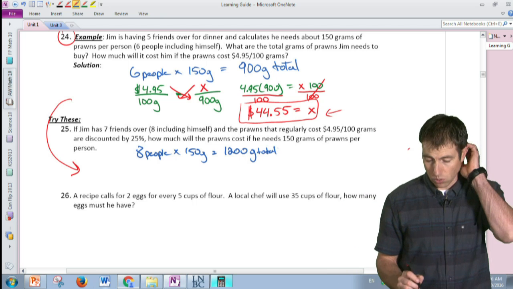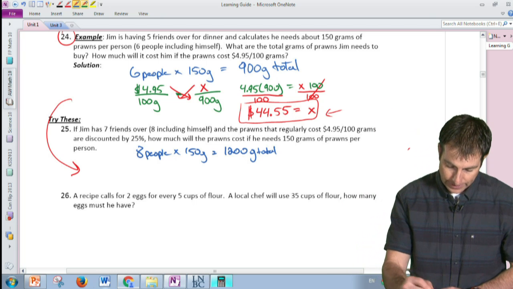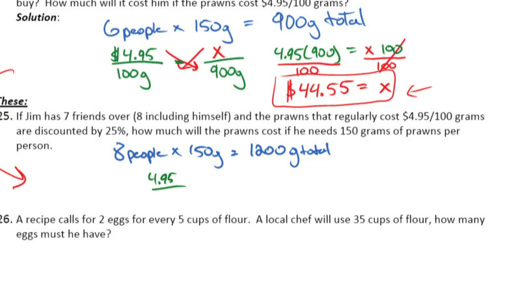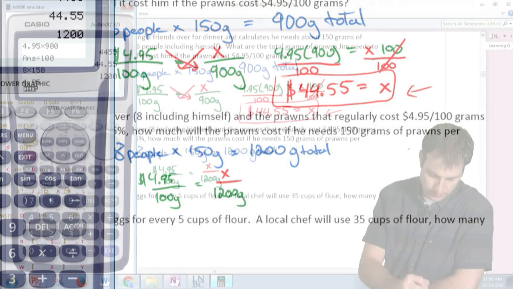So 1,200 grams total, and the cost is the same, so it's 4.95 per 100 grams is equal to the cost, X dollars divided by 1,200 grams. I cross multiply 495 times 1,200.